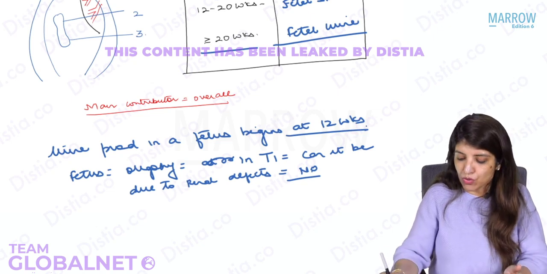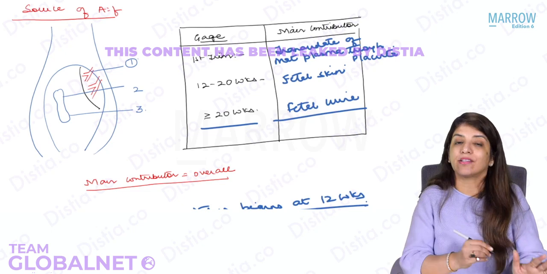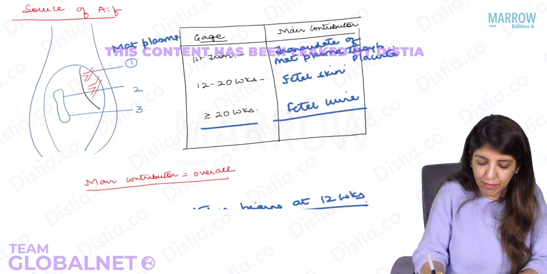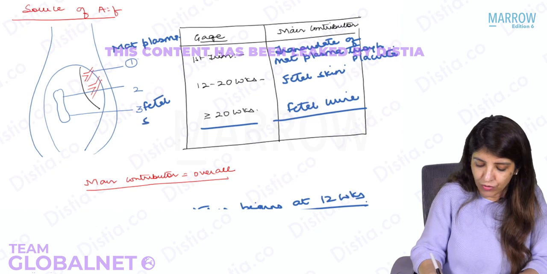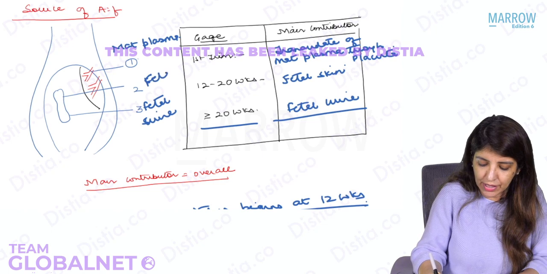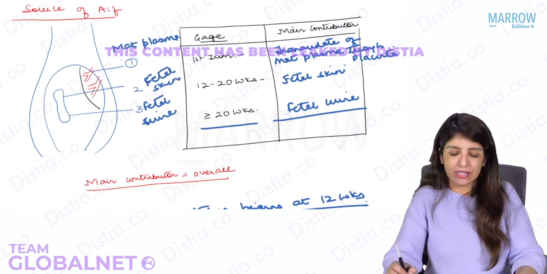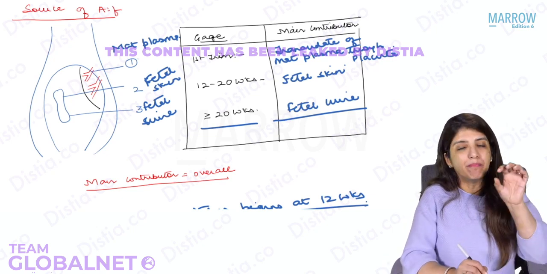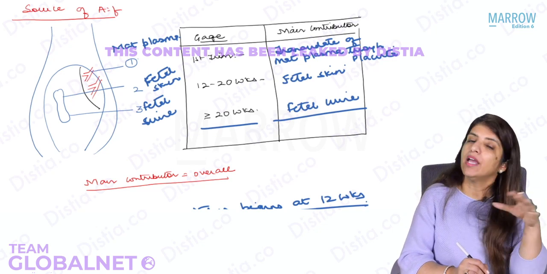Yes. Now, I have told you that basically there are 3 contributors. Number 1 contributor is maternal plasma, number 2 is fetal urine, and there is fetal skin. So there are three contributors: maternal plasma, fetal skin, and fetal urine. At different gestational ages, the main contributor varies.